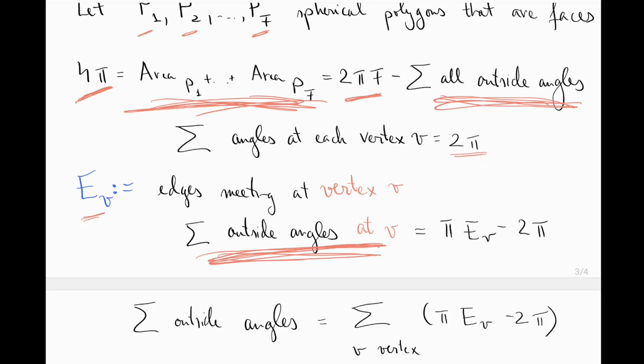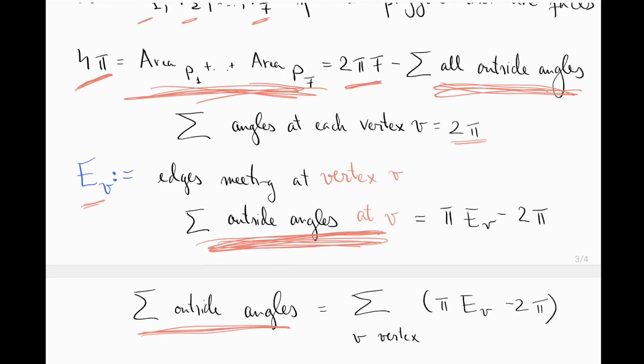You have all the outside angles at V, and now you're summing up across V, V being a vertex in your polyhedron. What will that give you? It will give you all possible outside angles. And on the right-hand side, you get these expressions summed up across all vertices.